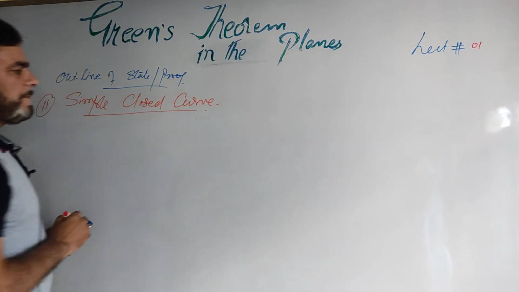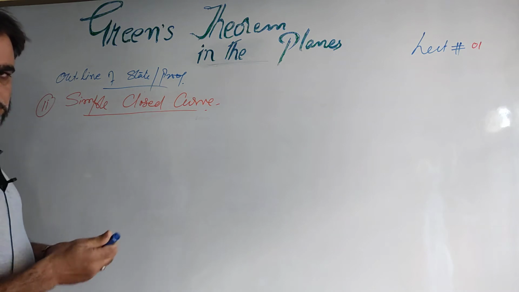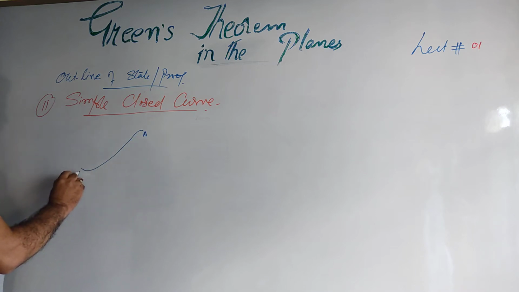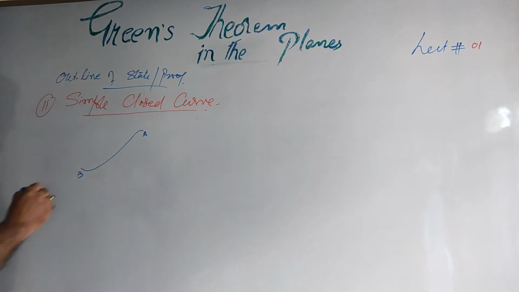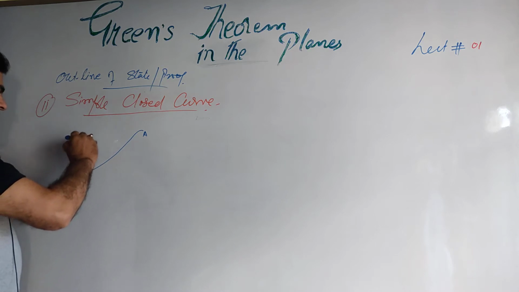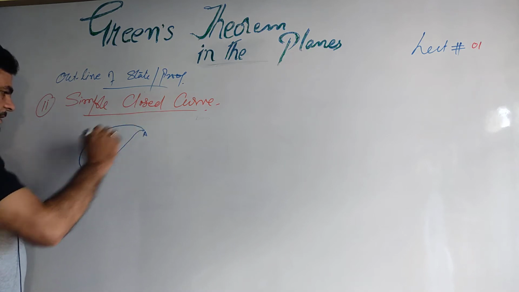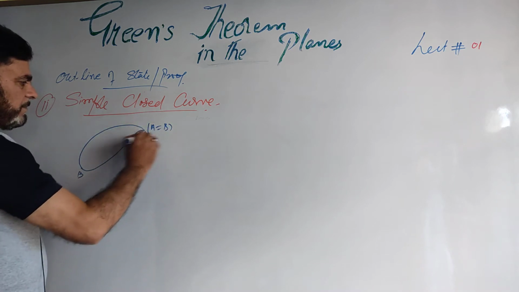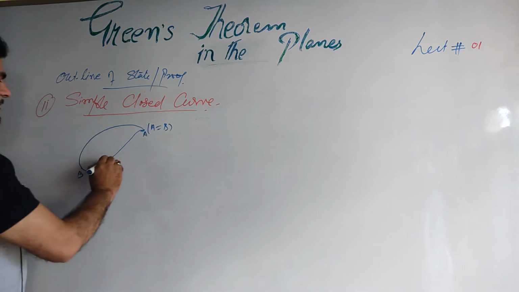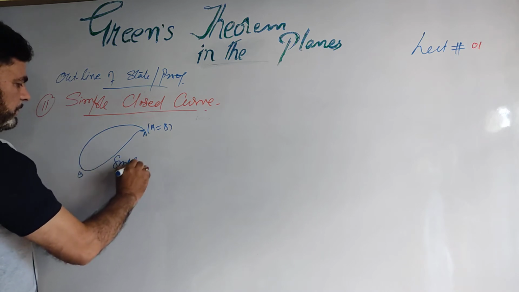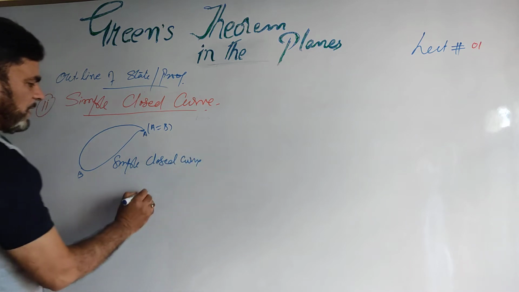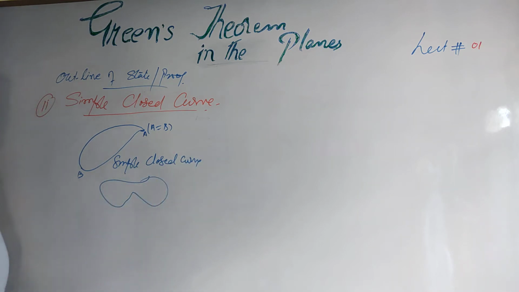If you take a curve, say from A to B, it is open. When you close it like this, so that this point moves here, you can say A is equal to B. We say it is simple closed. You may have it like this, simple closed.